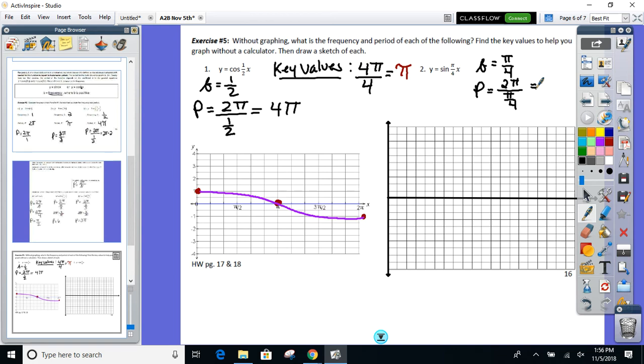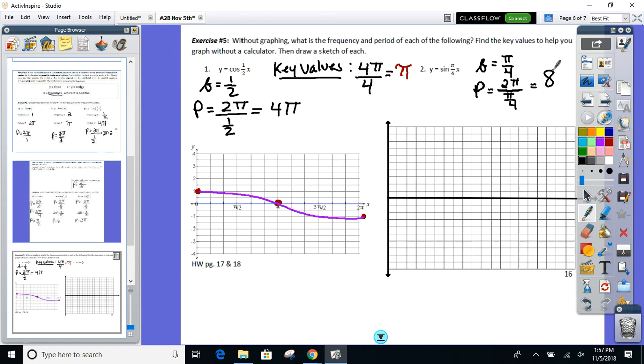What do you guys got for me? What's the period here? Should be 8? 8. Okay. So that's how long it's going to take me to make one of these graphs, out to 8 radians.